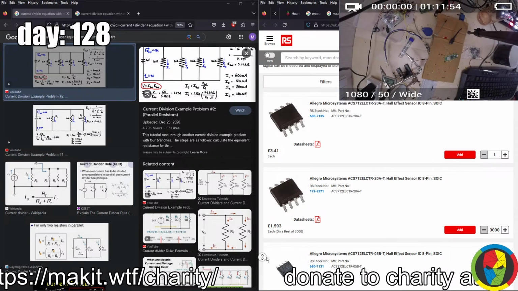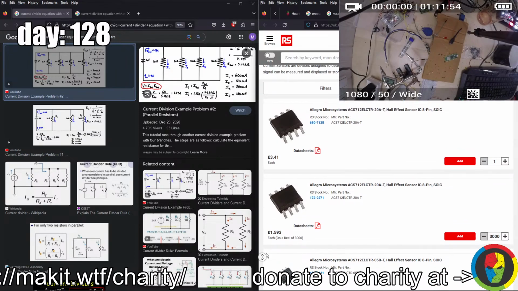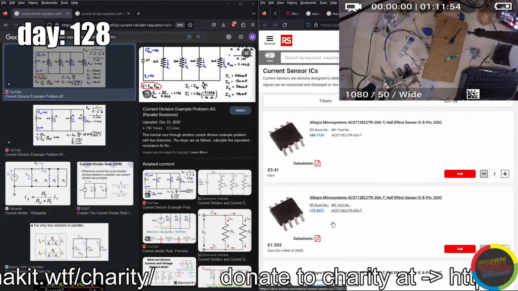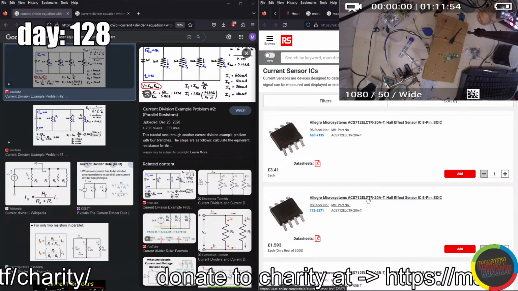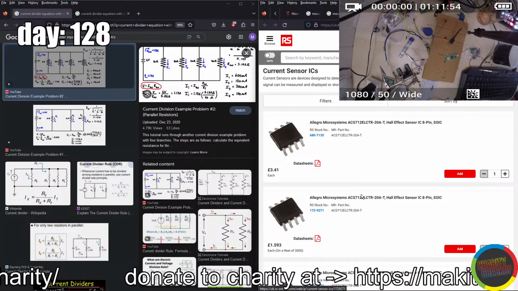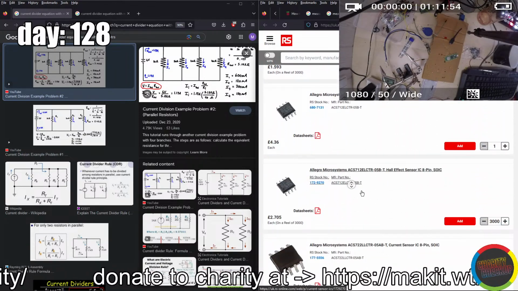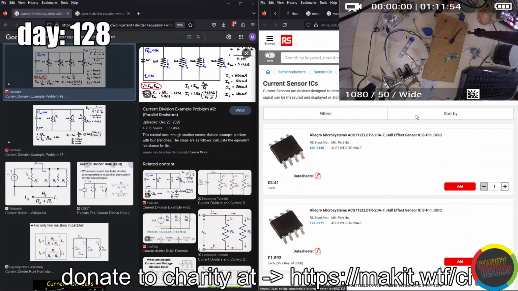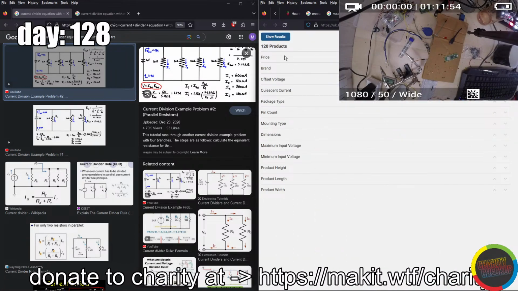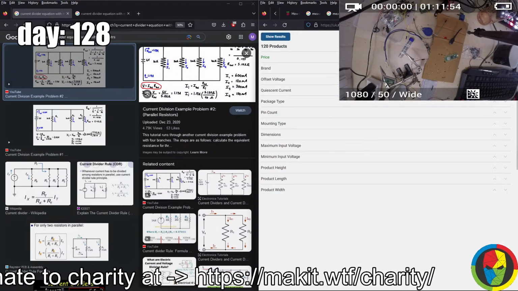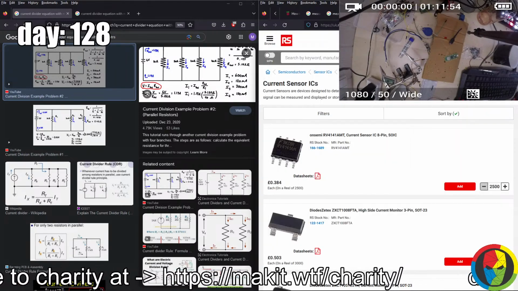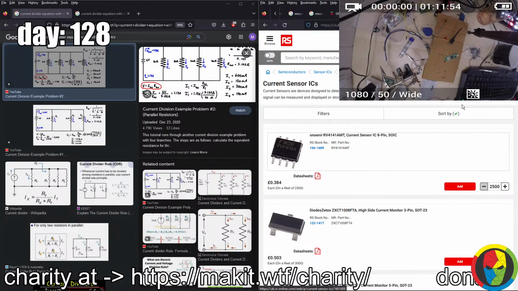All right. So this is this. Is this the same sensor? No, it's not. Sort by price, obviously. Well, actually wrong way, I think, right? Yeah, okay. Current sensor, solid.